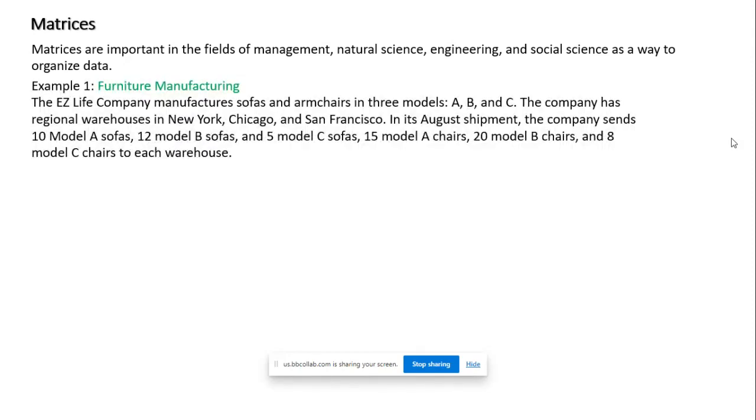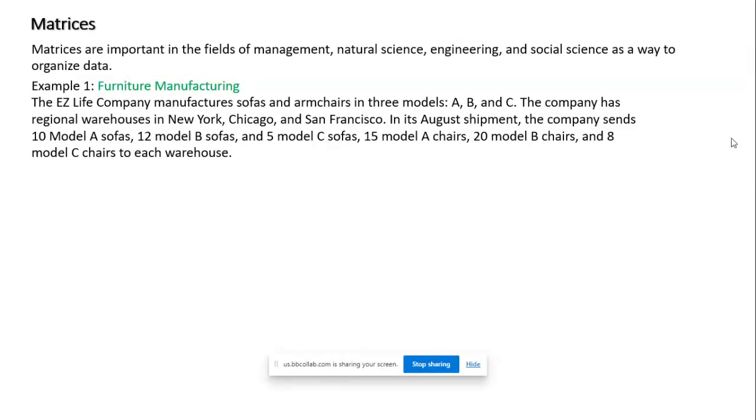So let's start to get you to hopefully like matrices. We have a first example here, and it deals with a real world application. We have a furniture manufacturing company, which we call the Easy Life company. It manufactures sofas and armchairs, and they have three models, which for simplicity we'll just call A, B, and C. The company has regional warehouses in New York, Chicago, and San Francisco.